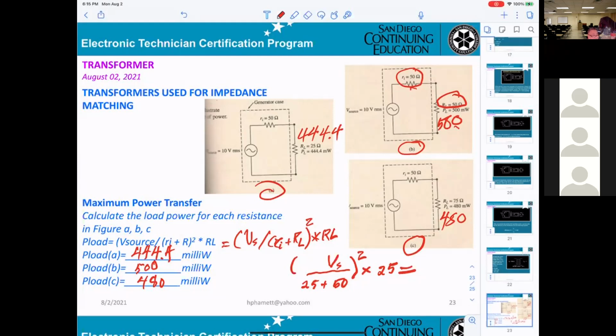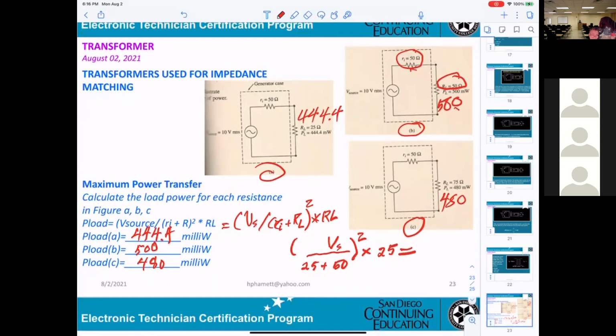If you get the amplifier and connect that to the speaker, then you have to know the output impedance of your amplifier and the input impedance of your speaker in order to get the maximum power. They're supposed to be equal. If either one is higher or lower, you'll be missing power.